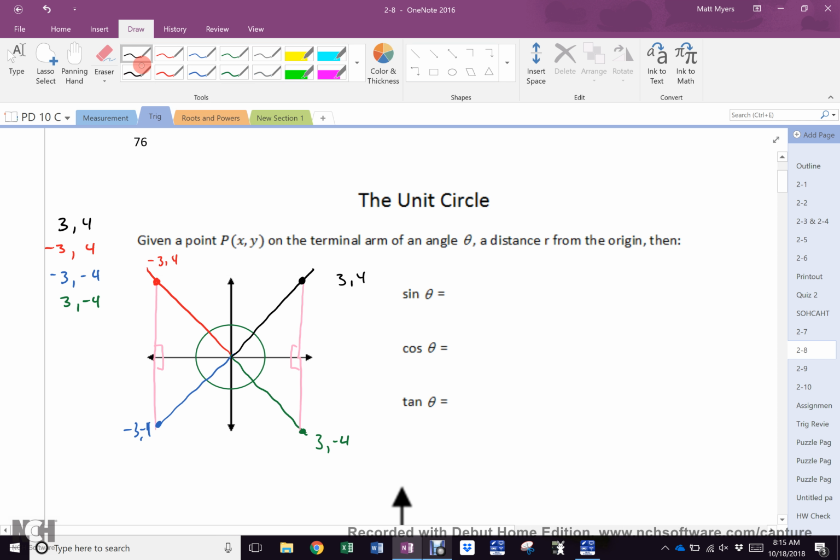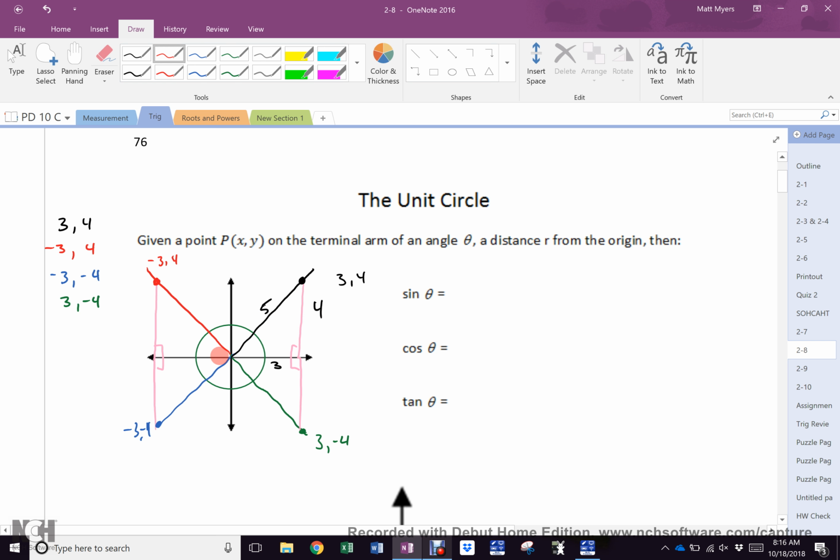How far is this distance? 3. Excellent. How far is this distance? 4. Excellent. Without even thinking about it, how long is the hypotenuse? 5. Everybody cool? All right.